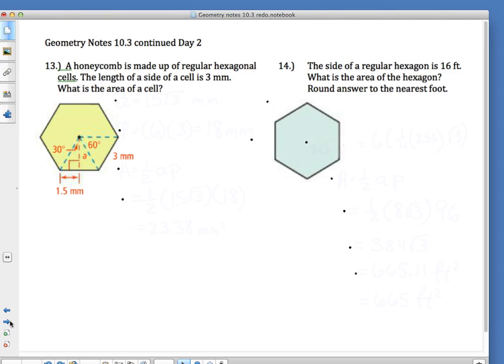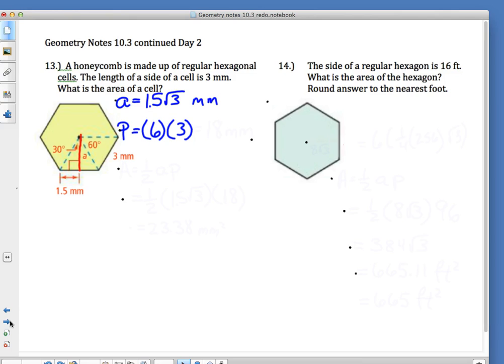I have an apothem provided. It's pretty quick. I don't have to do a lot. That value right here, the apothem, is actually 1.5 square root of 3. Now, I got my apothem. If I'm going to use that apothem, I've got my perimeter.